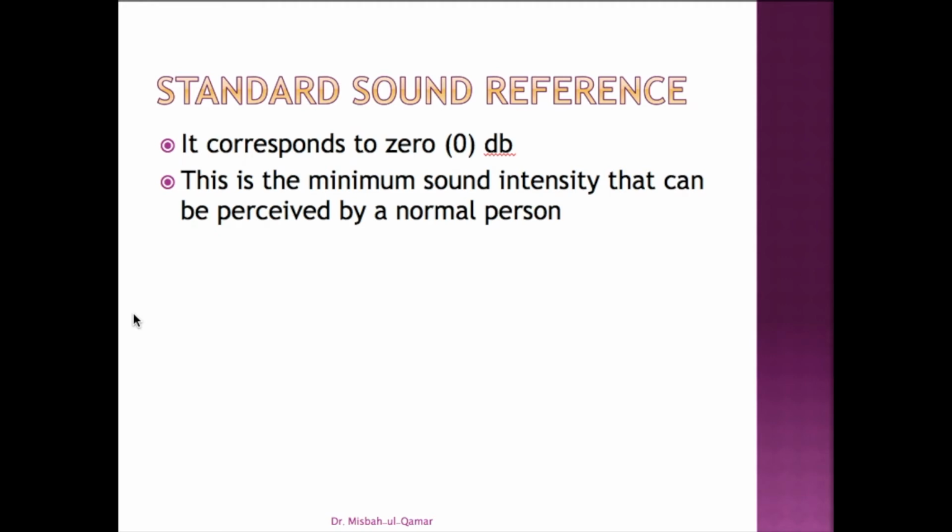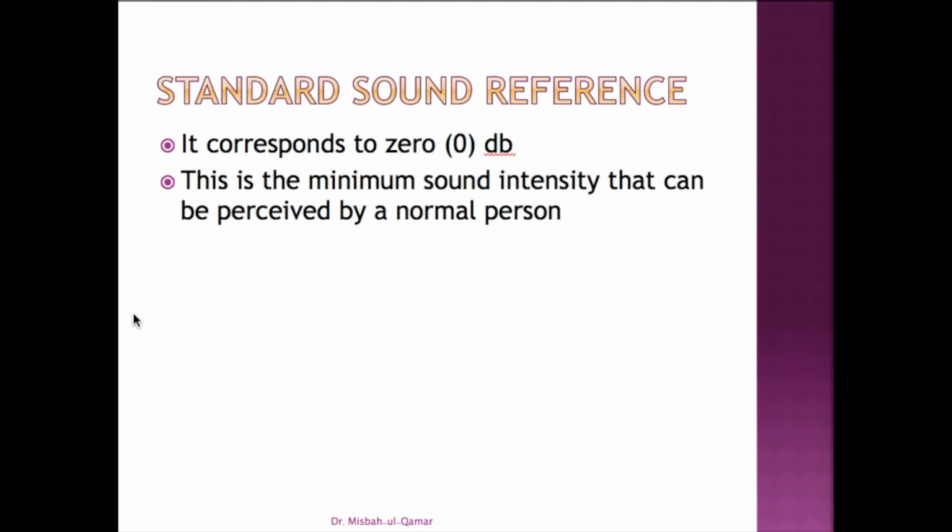That pressure level is around 0.0002 dynes per square centimeter. Anyway, this sound reference is basically the minimum sound intensity that can be perceived by a normal person, right? Keep in mind that a 0 decibel sound is not inaudible, but it is just audible. Okay.